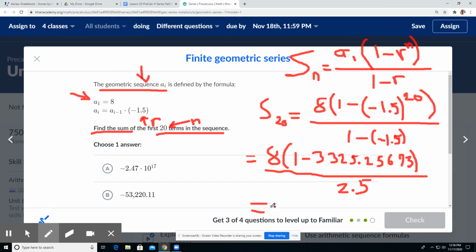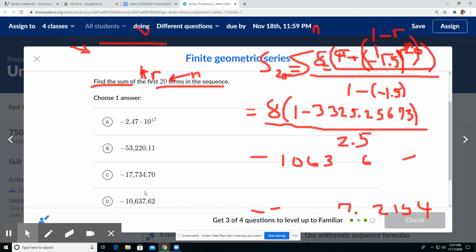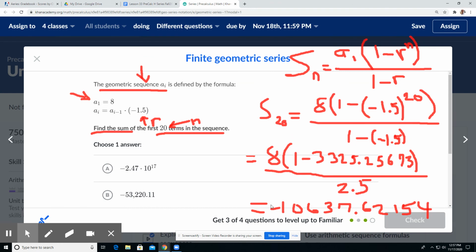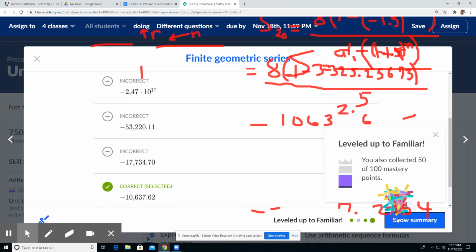Final solution, negative 10637.62154, and that's the complete answer. 10637.621. Once again, they're rounding without telling us. It'd be really nice if they told us if they're rounding, but fine.